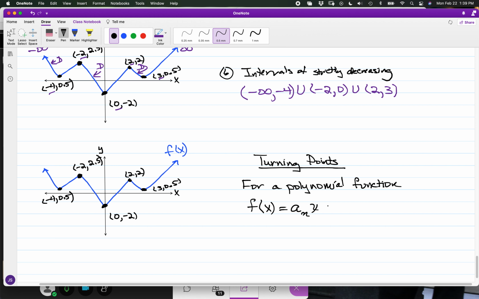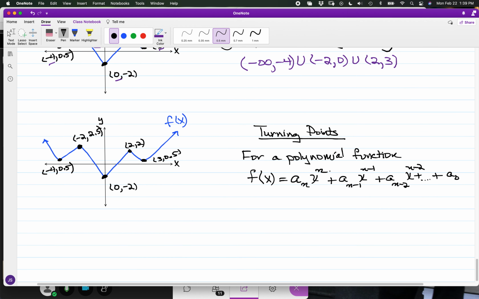So you have a polynomial function, f of x is equal to a of n times x to the n plus a of n minus 1 times x to the n minus 1, and so on.